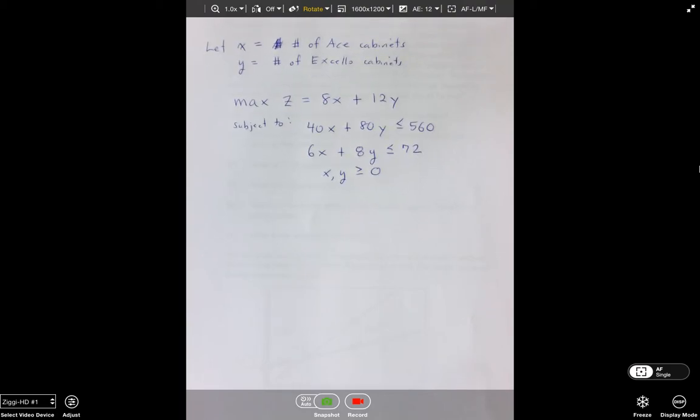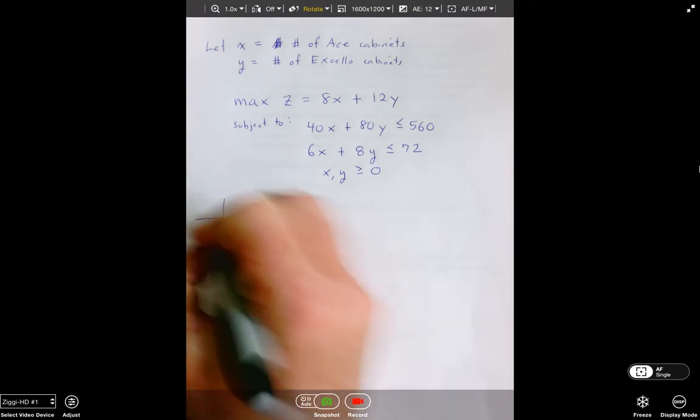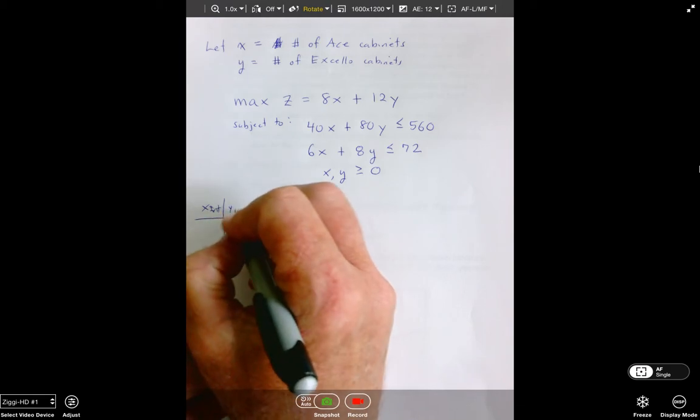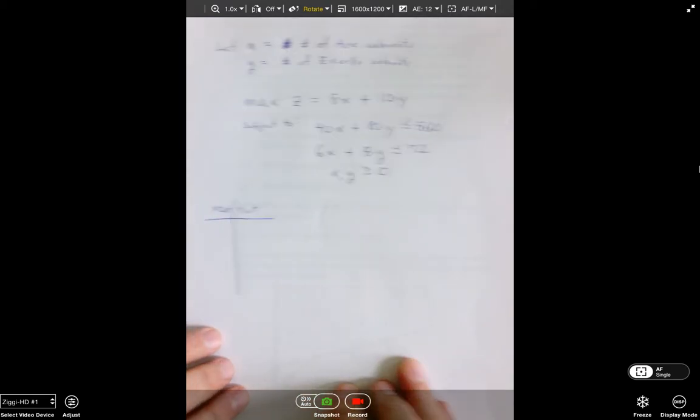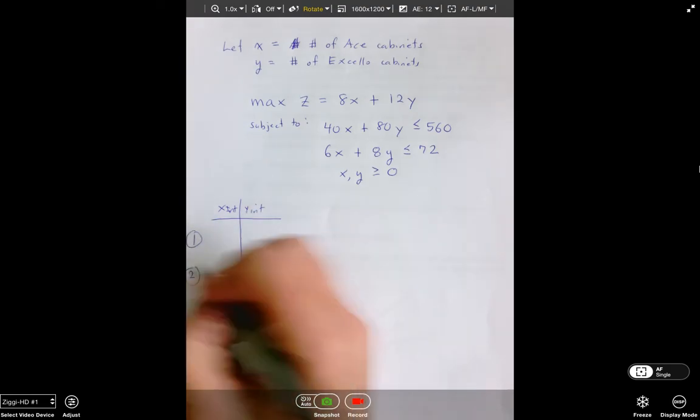All right, so the first thing I'd want to do, again, because it helps me out in the problem, is get my X and Y intercepts for the first and for the second.